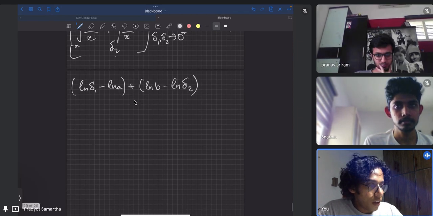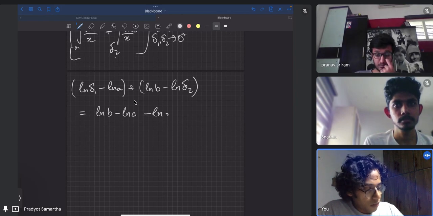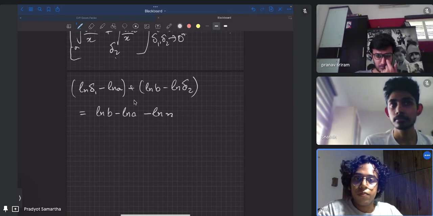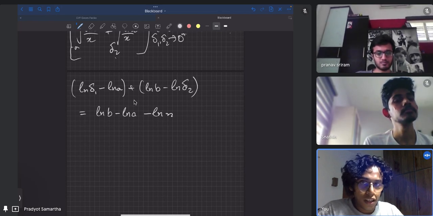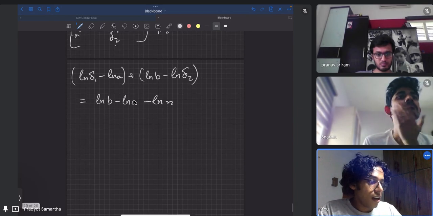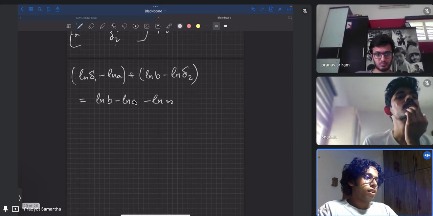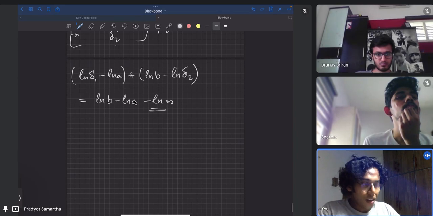So this can be rewritten in the form of ln b minus ln a minus ln n. So when you fix the relation between delta 1 and delta 2, when you take this difference, it becomes ln n.